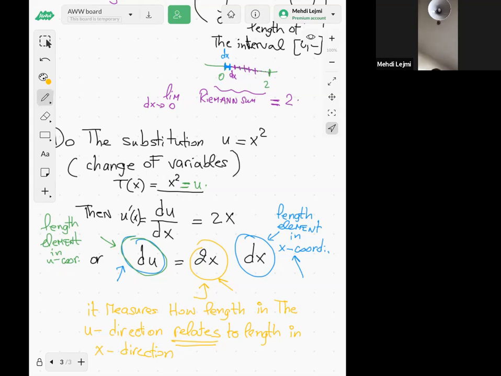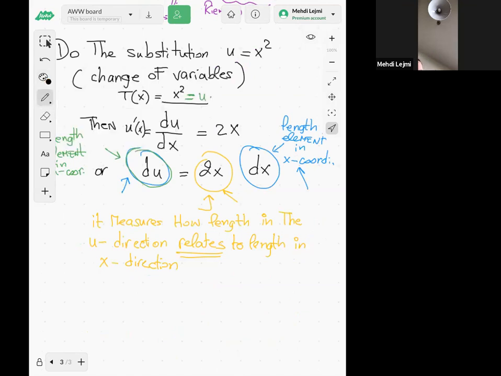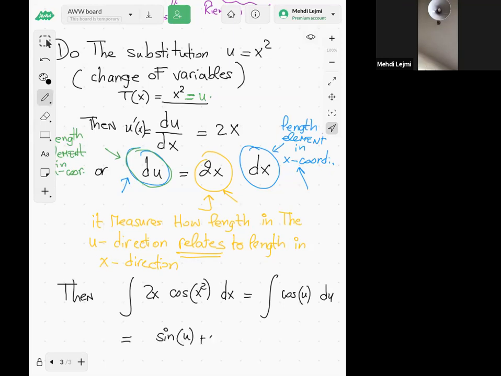Anyway, this is supposed to be my substitution, and once you make the substitution, the integral is very easy to compute. The integral 2x cosine x squared dx, once you do the change of variable, is just cosine of u du, and that's just sine of u plus a constant.